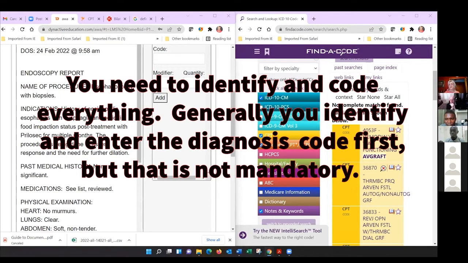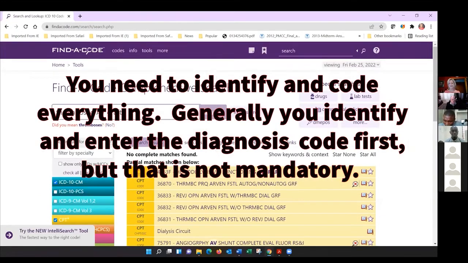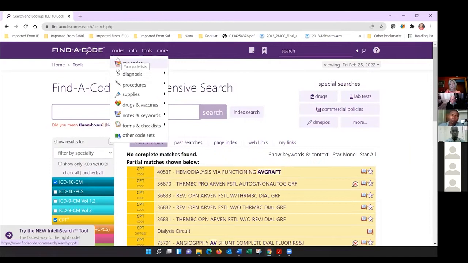Oh yeah, because coding that procedure is not going to affect how I code my diagnoses. All right, let's do it together. You ready? Yes. All right, so let's do the diagnoses. I've always, in my past, kind of like Dave was alluding to, done the diagnoses first.